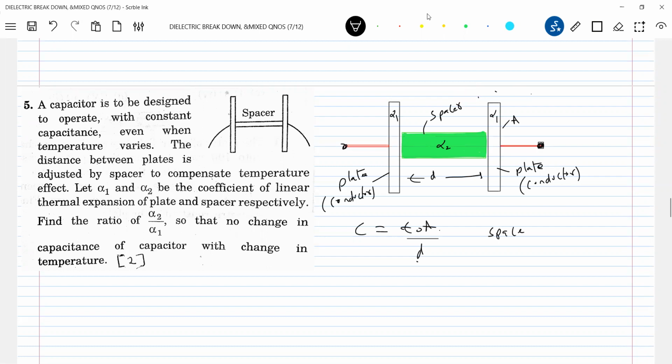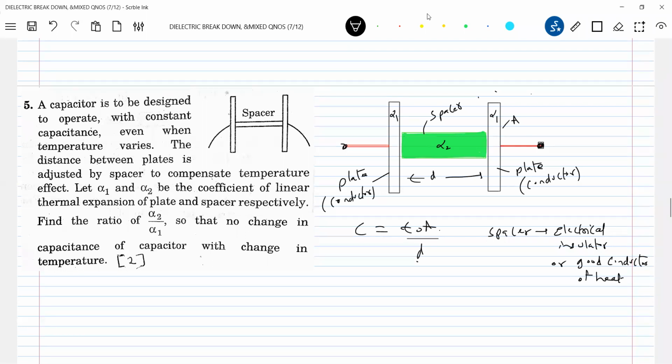So the condition for the spacer: it should be an electrical insulator and a good conductor of heat. Then only it will fit. If this is a metal, then the capacitance will become infinite.